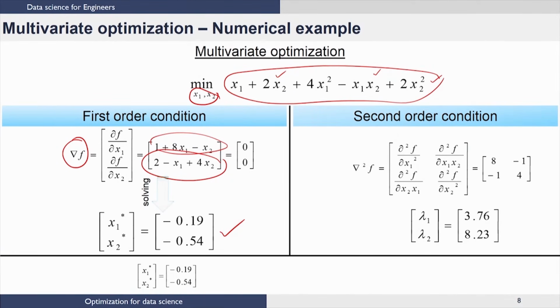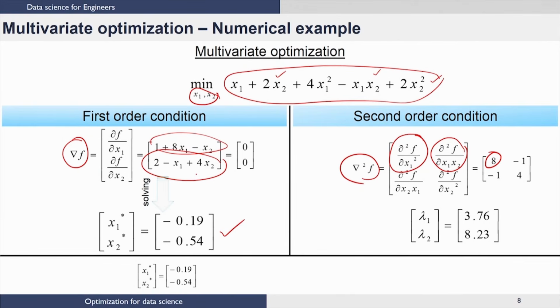To do that, what I have to do is I have to do this second derivative matrix. So, the way you do the second derivative matrix is the following. The first term is dou squared f dou x1 squared. We already have dou f dou x1. So, if you differentiate it with respect to x1, you will get this term. The only term remaining will be 8, which is what we see here. And when we look at this, we already have dou f dou x2.